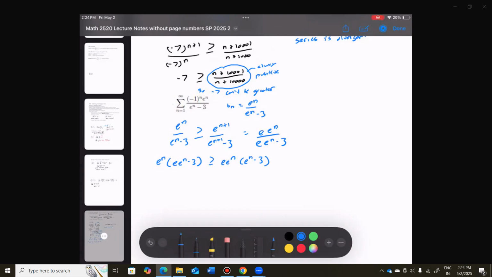Let's see what I gotta do here. I just want to make sure I didn't make any mistake here. Okay, this can become e to the n plus 1, e to the n minus 3.